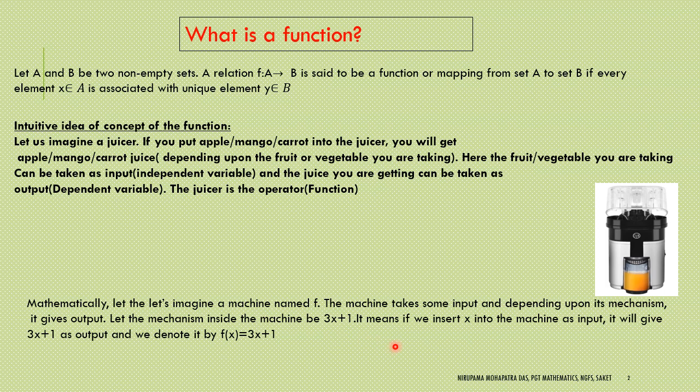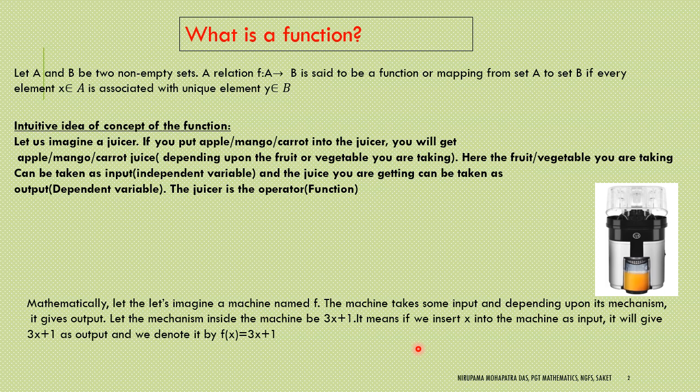It means if we insert x into the machine as input, it will give us 3x plus 1 as output. We denote this by f(x) = 3x + 1. Whatever value we put for x, f(x) will be 3 times the input plus 1. That is the rule.